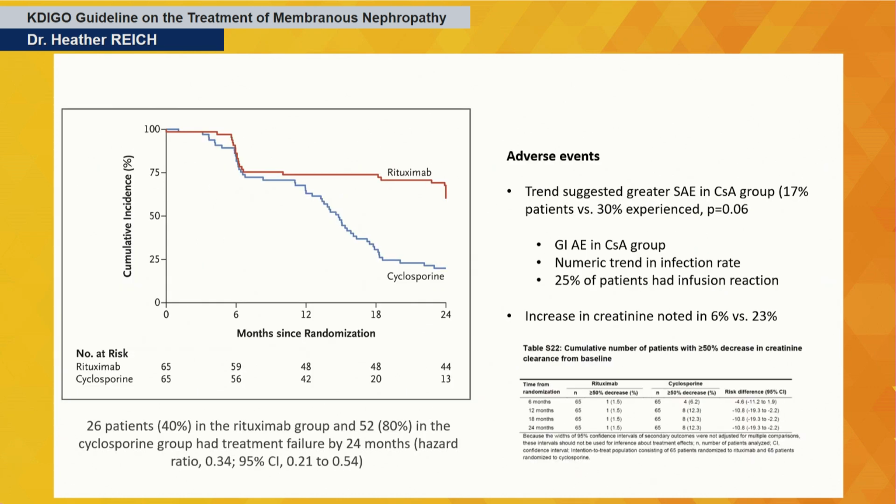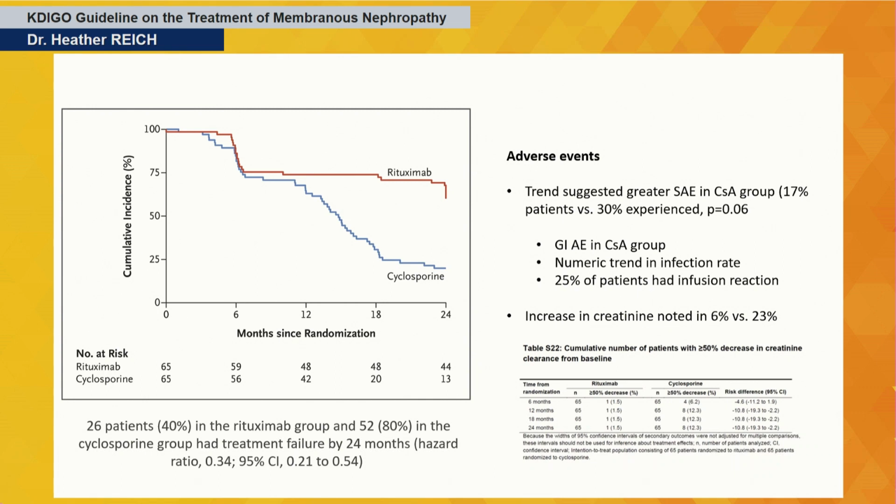In terms of time to relapse, it was much shorter in patients who received cyclosporin compared to rituximab. And in terms of adverse events, trends suggested a higher SAE rate, serious adverse events, in the cyclosporin group. However, this did not quite reach statistical significance.